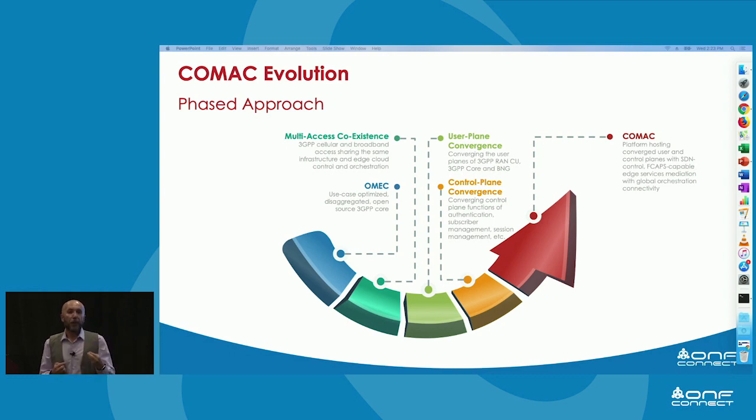So we are going to start discussing, can I converge the authentication or subscriber management, et cetera? Which ones can I converge and which ones will have to remain distinct? Those decisions are to be made. And once we're there, we will have effectively a platform where, to a large extent, all of these components are converged, and we'll call that COMAC.